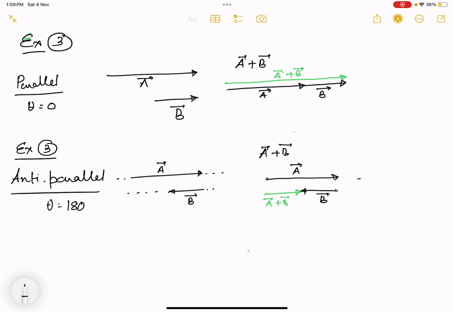This entire diagram, this is A. Ideally A is drawn this way, then B is drawn this way, and then A plus B is drawn here. Everything on the same line. But then nothing is clear here. Everything looks messy. Football wala messy नहीं है, messy, गंदा. So what do we do?